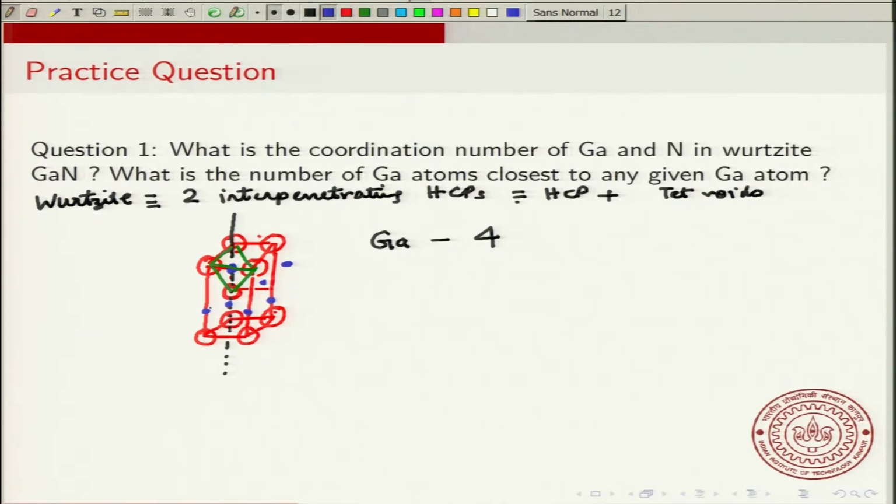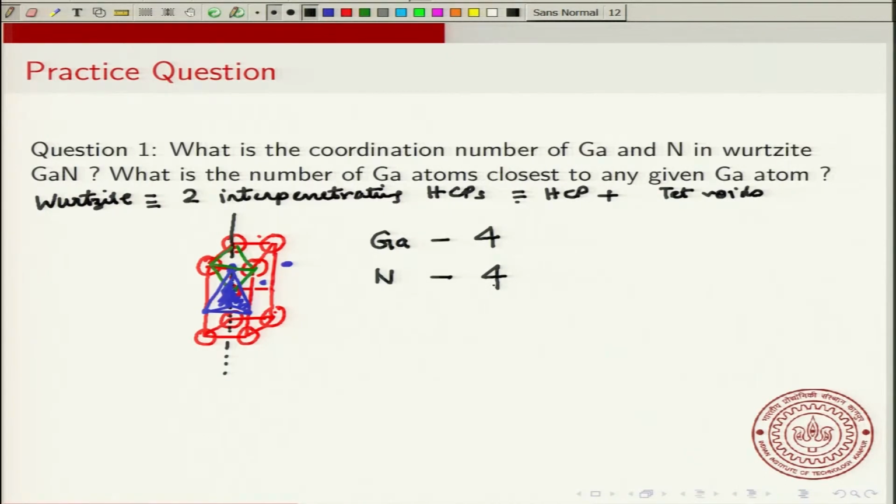Now I am showing the coordination polyhedra for this nitrogen atom, and that is also 4. So, nitrogen also has a coordination number of 4.